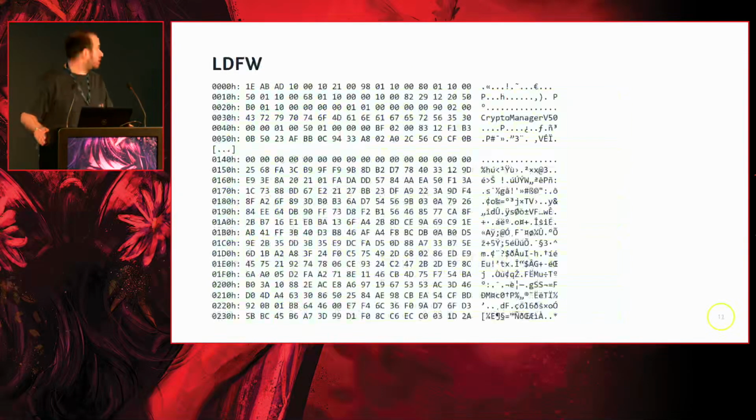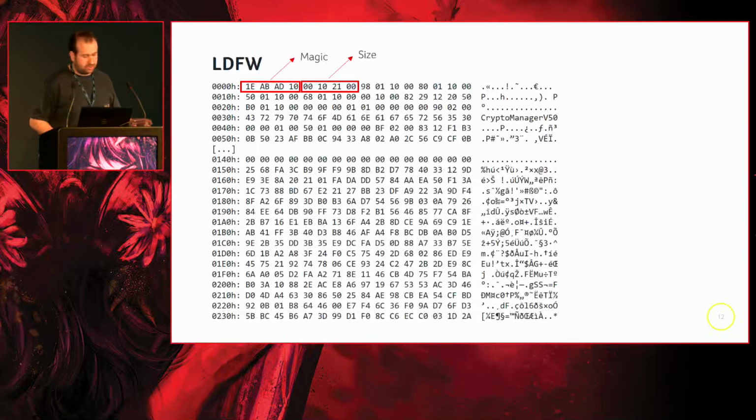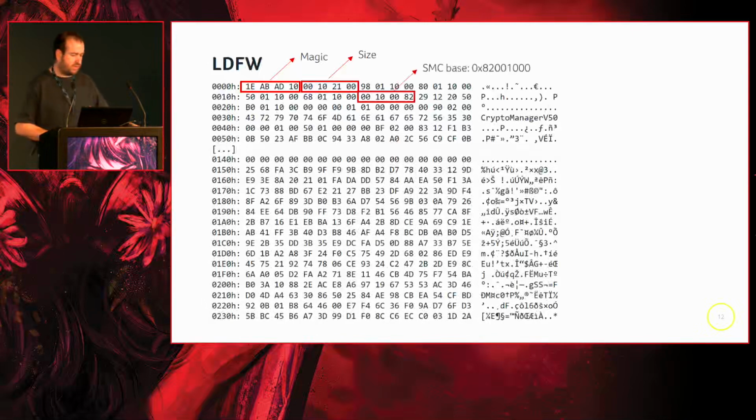If we now extract one of these loadable firmwares from a firmware update, we can take a look at what's in there. We see the magic, as we mentioned earlier. This is the size. All of the values are in little endian, so the size would be 211000. Then there's the SMC base, and this is interesting. Each loadable firmware has an SMC range assigned.